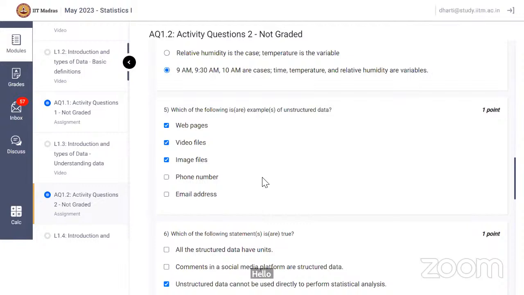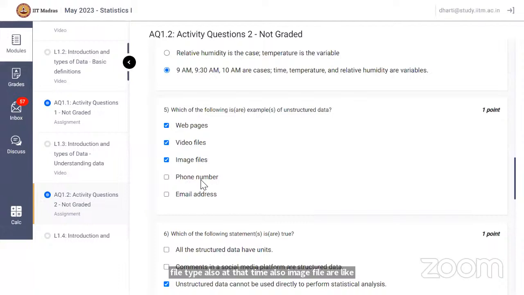We have a pattern, but still it's unstructured. Why? Because someone's image file will be 500 KB, someone's will be, let's say from a very good camera, 800 KB. Also, file types like PNG and JPG are different formats.